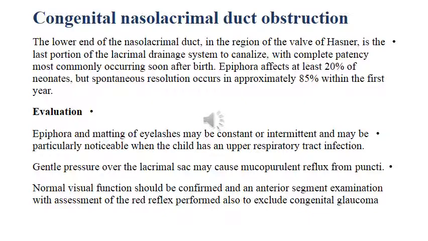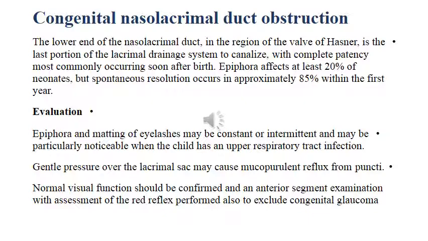Evaluation of this condition: epiphora and matting of the eyelashes, which could be unilateral or bilateral. If the condition is more severe, we expect it to be bilateral. This matting and epiphora could be constant or intermittent.